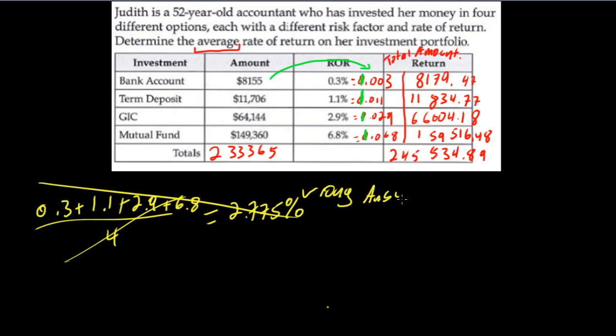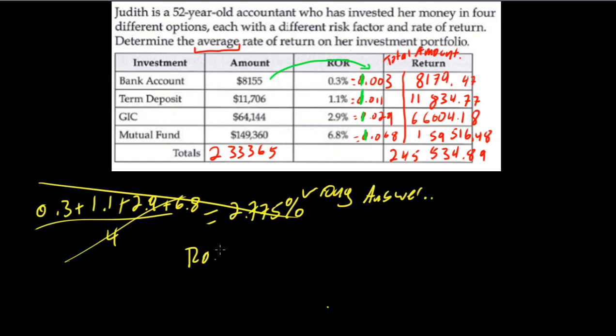All right, now let's see what the proper answer is. After whatever amount of time this is, she is going to have $245,000 some change with it, and she started with 233. So let's use the definition of what ROR is.